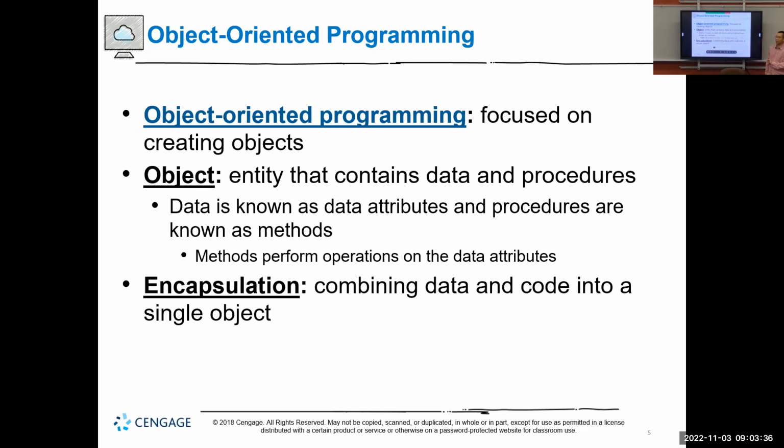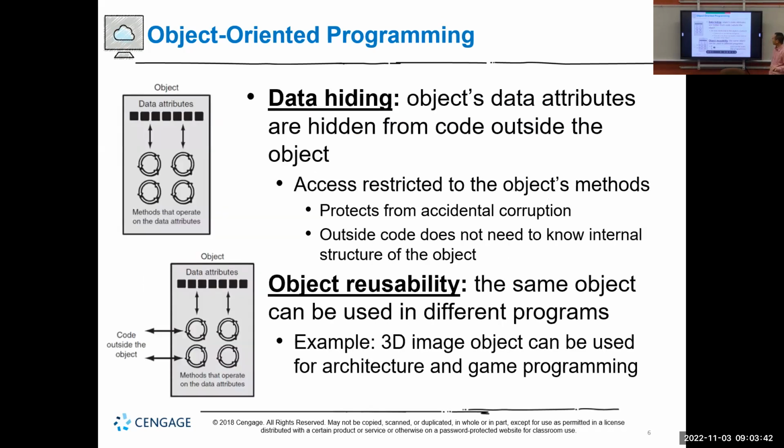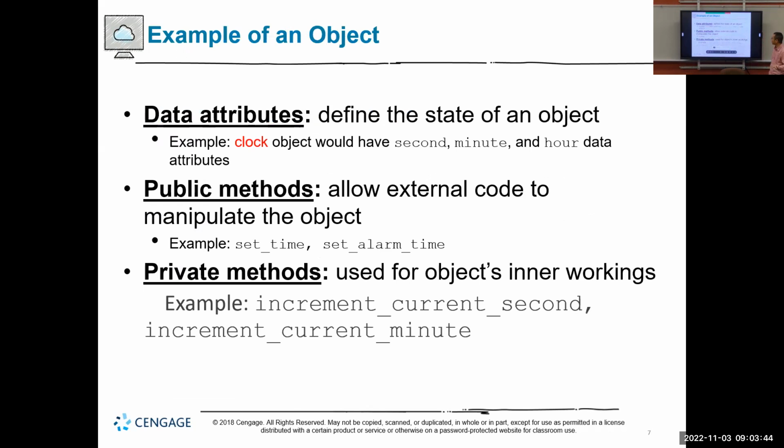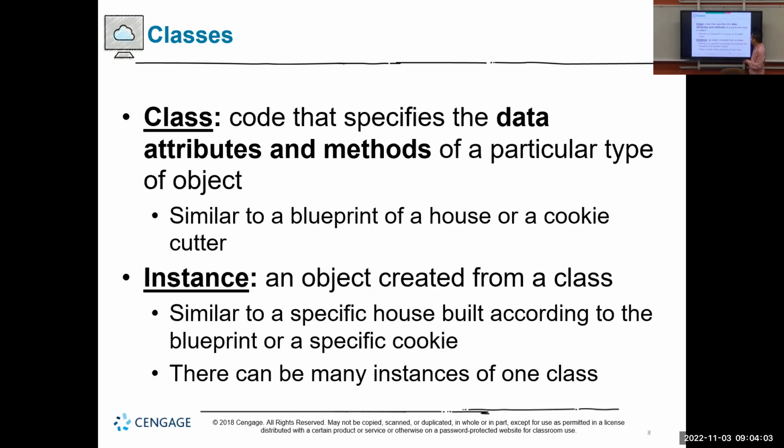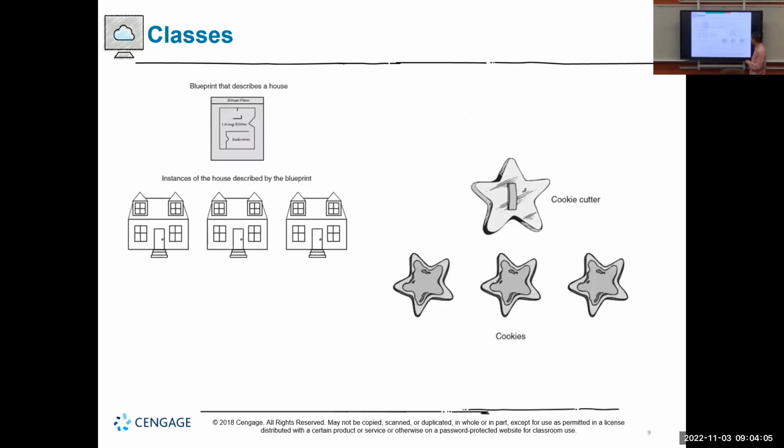Later on, we will learn what inheritance is, and you also have polymorphism. For every object, normally you have attributes, which you can think of as parameters, and you have methods, which you can think of as functions. You can also use a private method here.